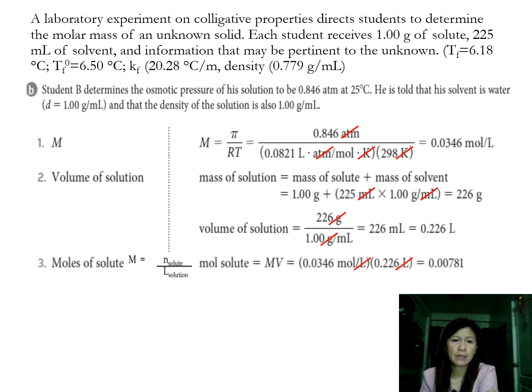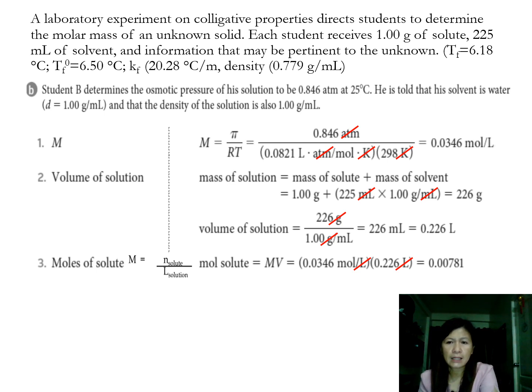For number 3, compute for the mole of solute. The mole of solute can be taken from the formula of molarity, which is mole of solute over liter of solution. We derive mole of solute as the product of molarity times volume.